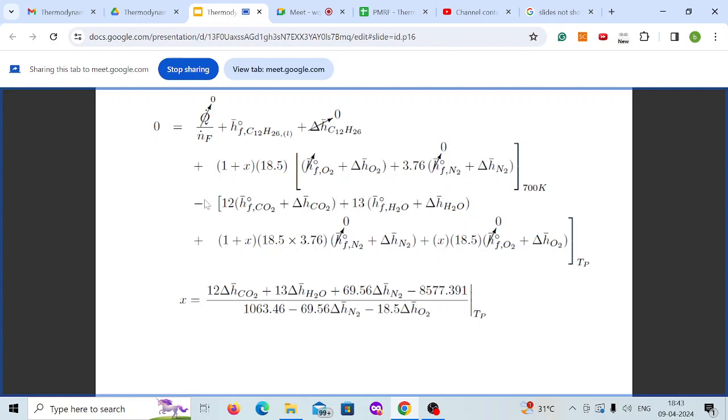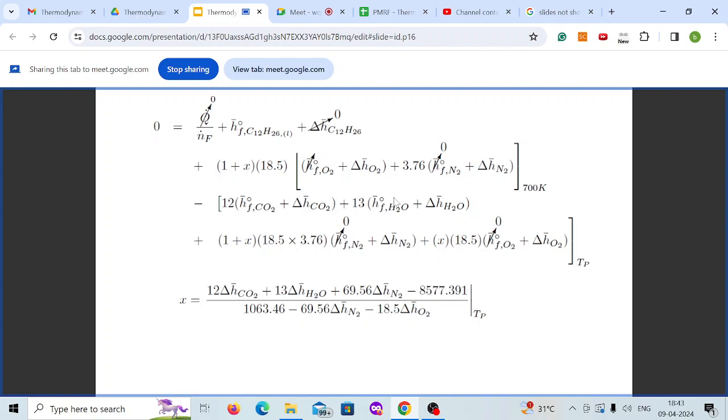This is equal to 0, so here we can write x in terms of the enthalpy values. x will become 12 times your sensible heating of CO2 plus 13 into your sensible heating of water plus 69.56 nitrogen, minus 8577.391. This is all combining your formation enthalpies: your CO2, your water, and then fuel.